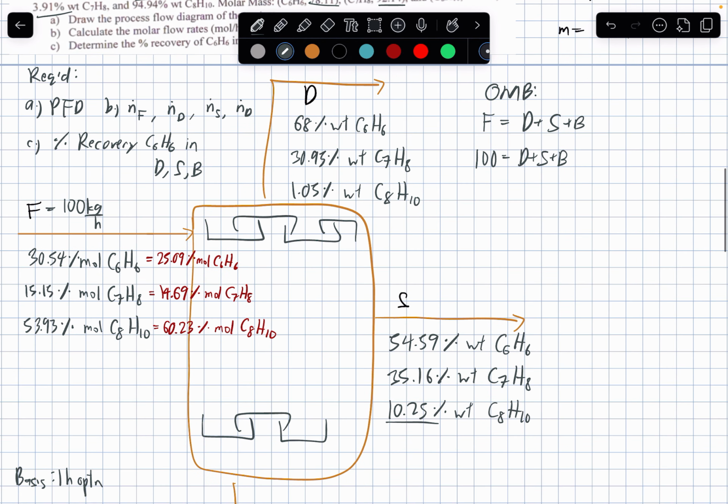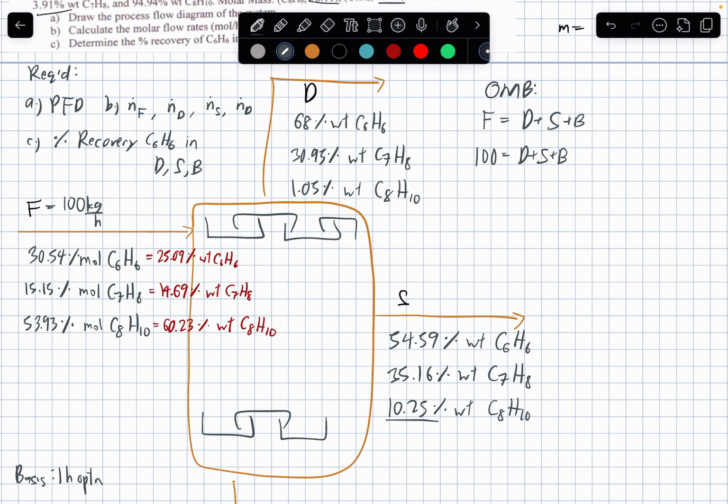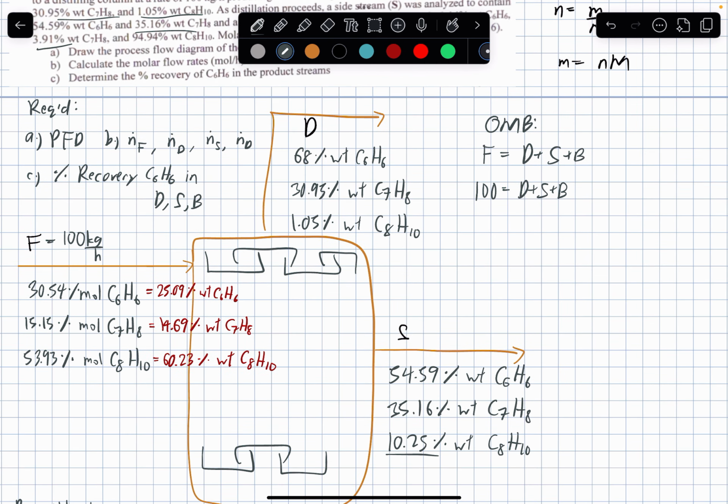Now that everything is, sorry, this is supposed to be weight. It's easy to find your errors, especially when the next step is trying to identify something from the information that you just got. So everything has to be expressed in percent weight for consistency so that you can form the equation.